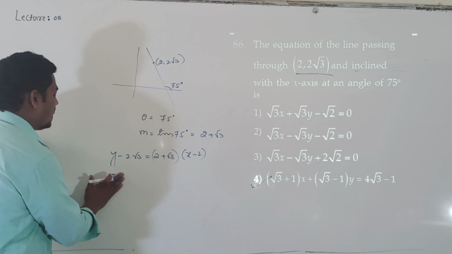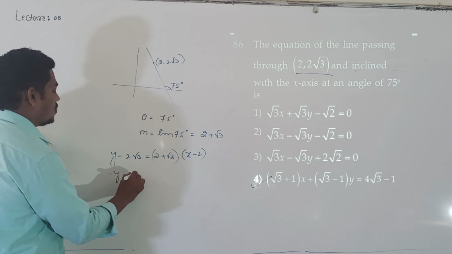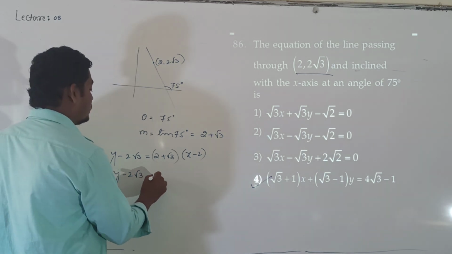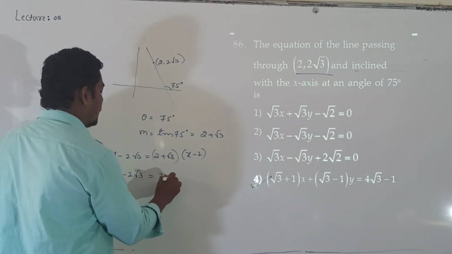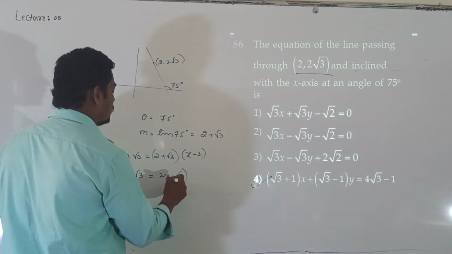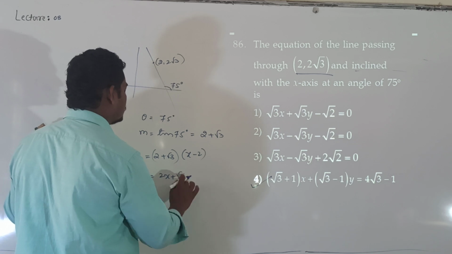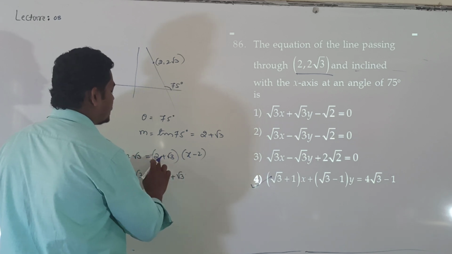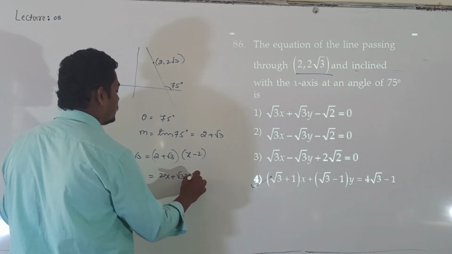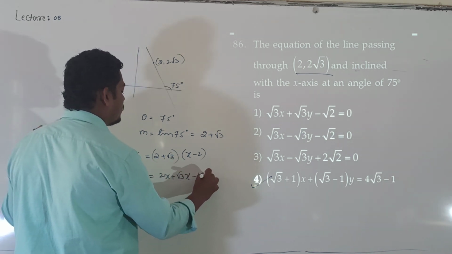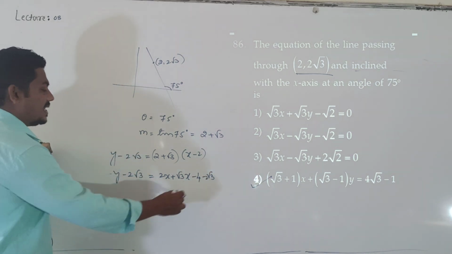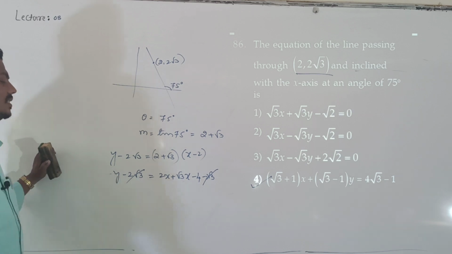y minus 2 root 3 is equal to 2x plus root 3 into x, minus 4 minus 2 root 3, right? Minus 2 root 3, both the sides get cancelled.